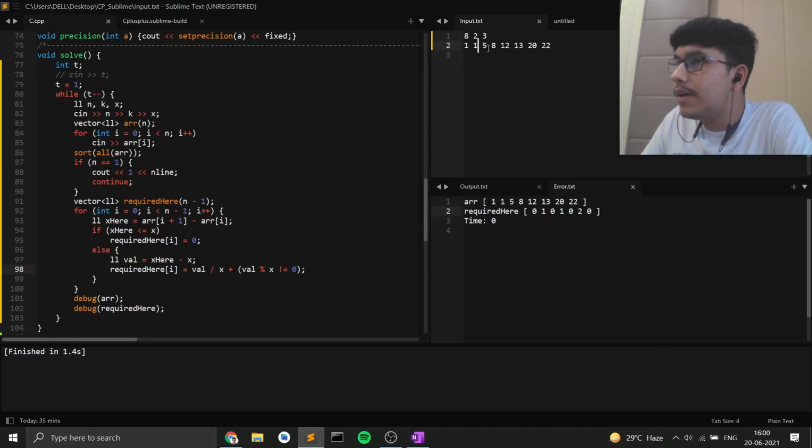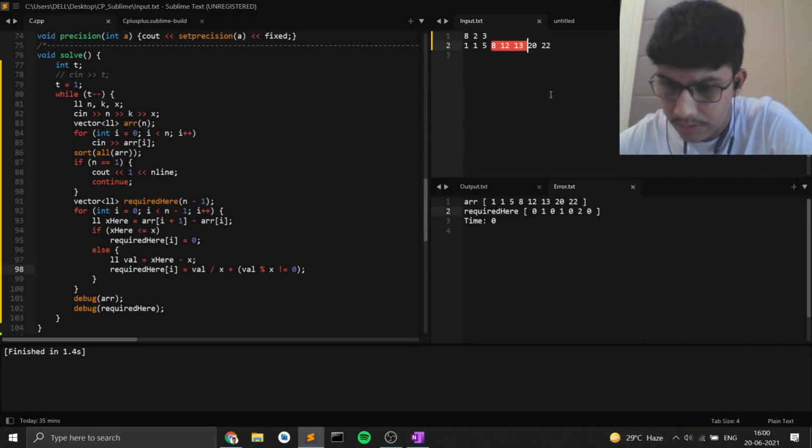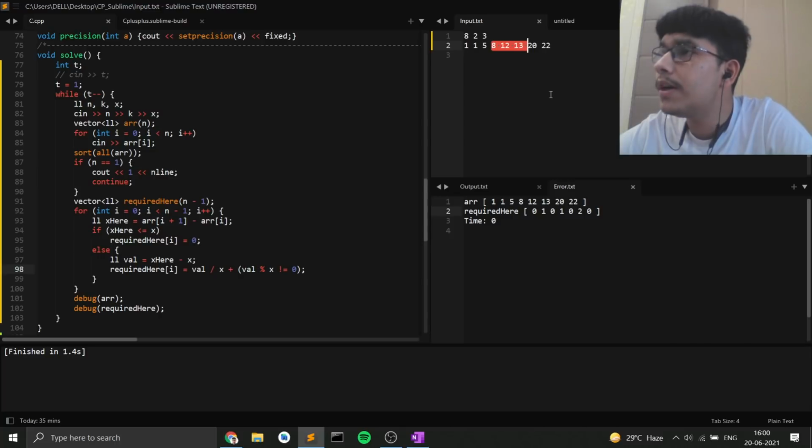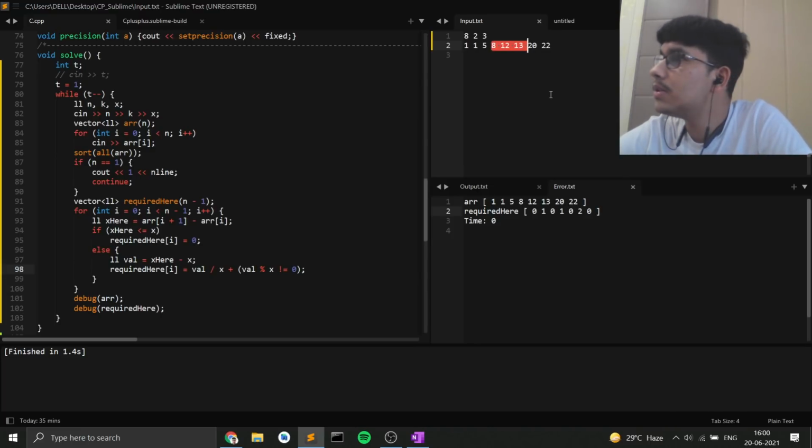So here we require 1 element, here we require 0, right? Here we require another 1 element, then 0, then 2 it says. So here the difference is 7. Now if I just insert 1 element, let's say 14, 15, 16. 16 will not do it because then you will have to insert it again.